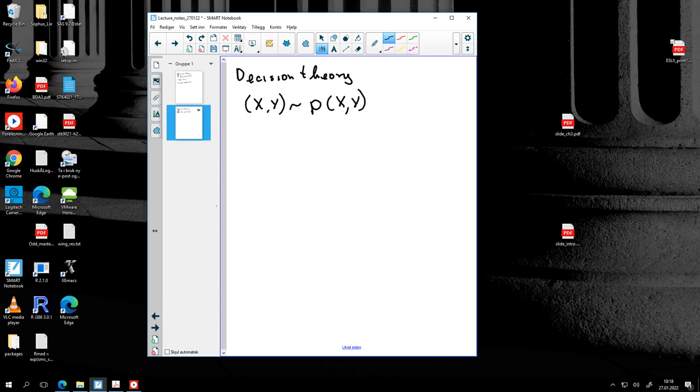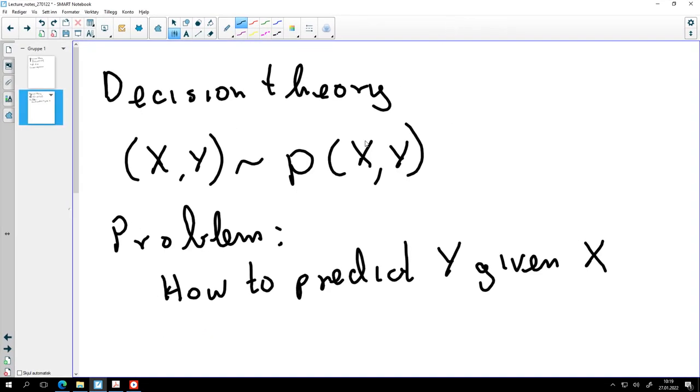In the book, they do it a bit more general, but it is sufficient to consider this in a continuous setting. The problem that we want to consider is then how to predict y given x.